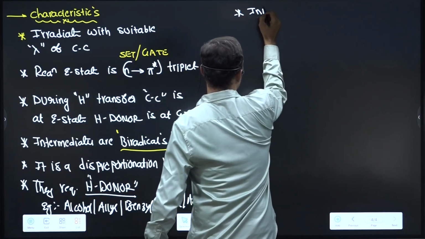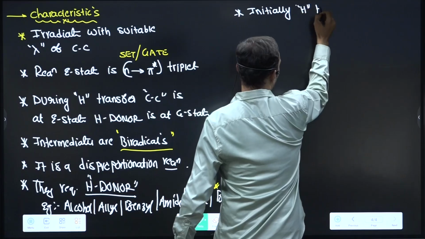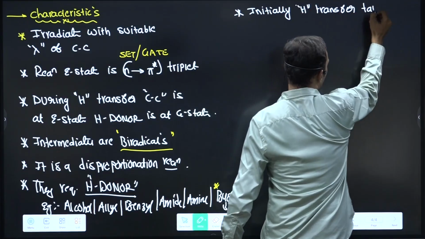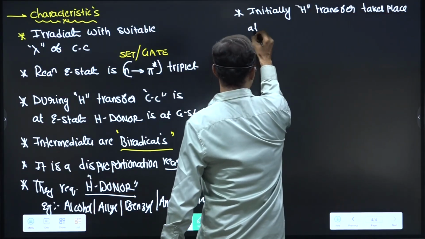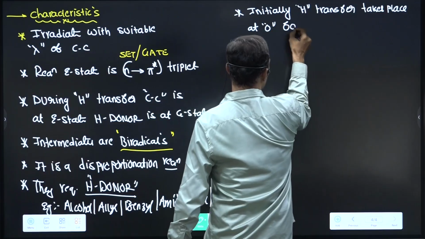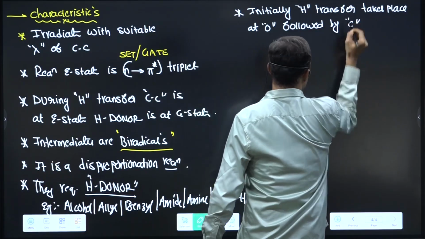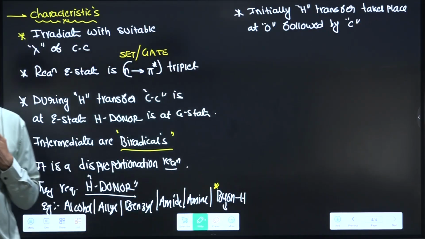So initially hydrogen transfer takes place at oxygen followed by carbon. So hydrogen transfer never takes place on carbon first. It will take place first on the oxygen of the carbonyl.